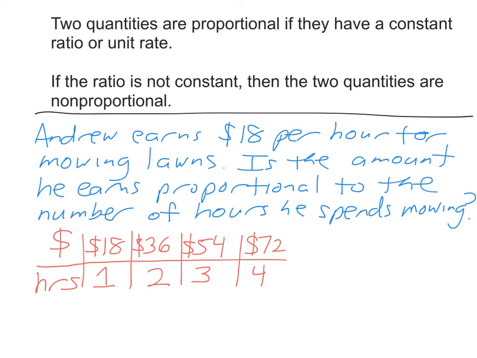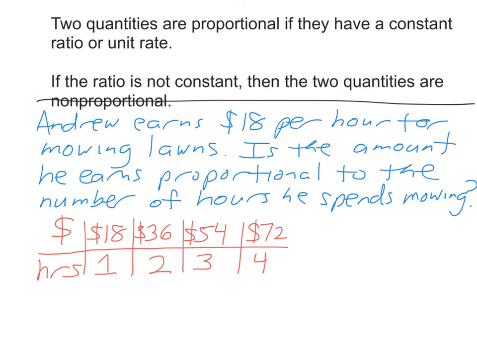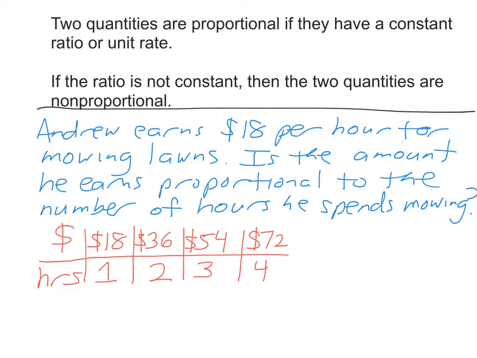Now, we need to look at it to see if they're proportional. If they're proportional, they will have the same unit rate. So for each one of these, 18 over 1, that's the unit rate, 18. For 36 over 2, the unit rate is 18.